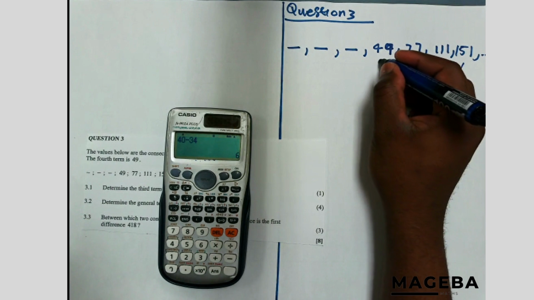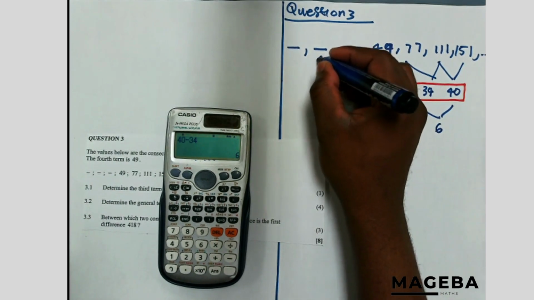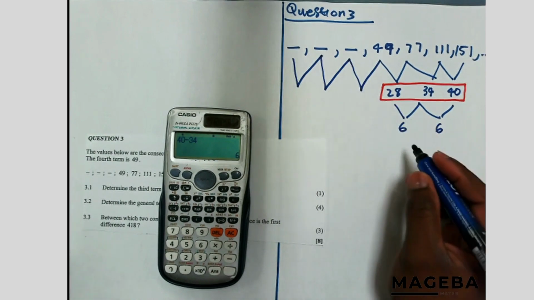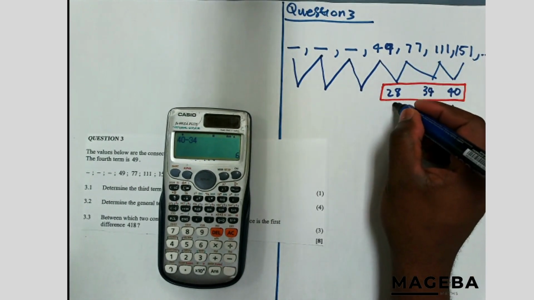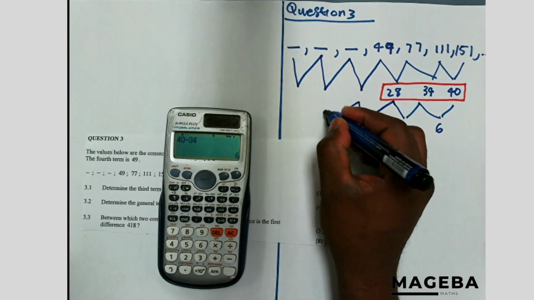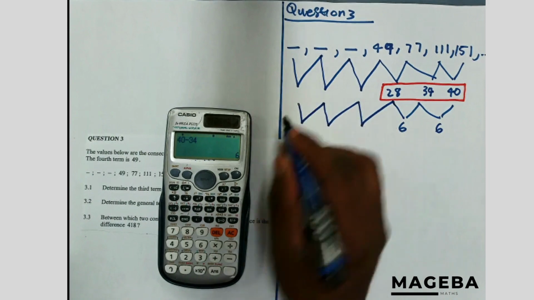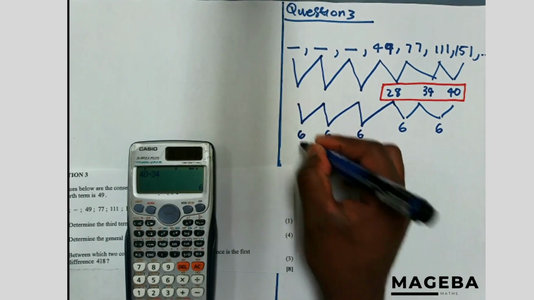Now we need to go back. When you go this side we minus. Going from here, we all know this is 6, this is 6, this is 6.